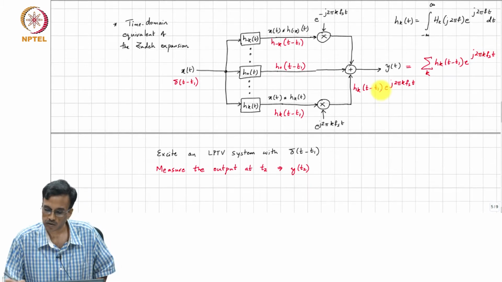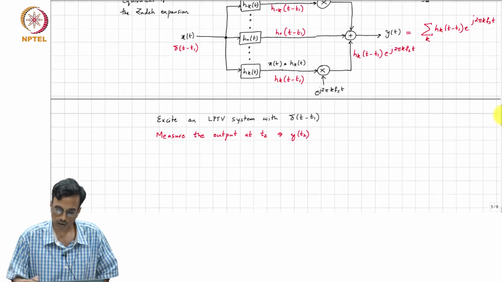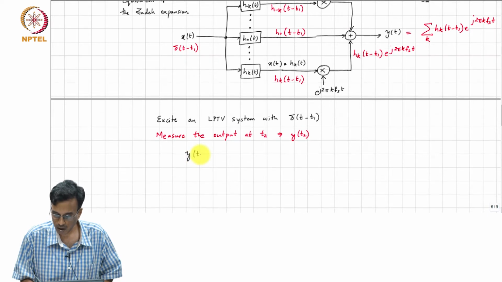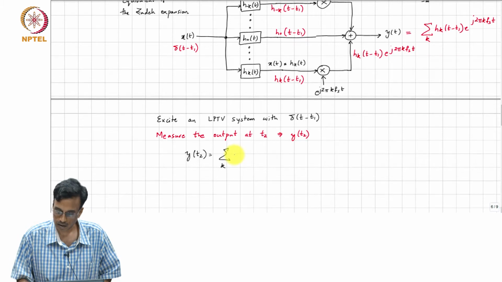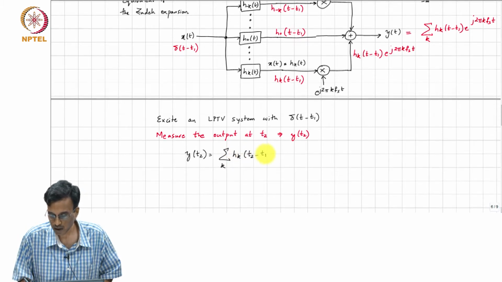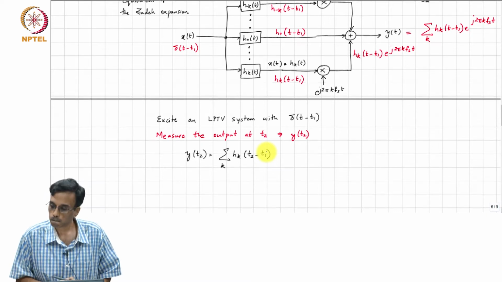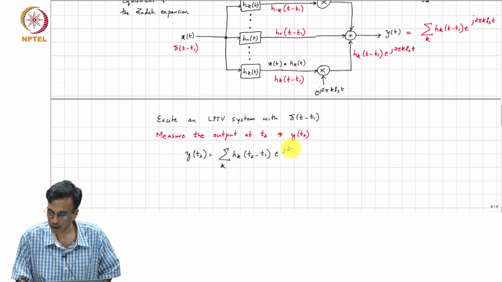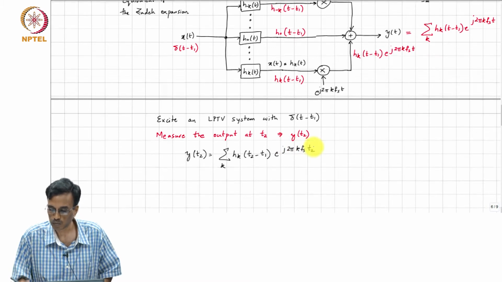So, y of t2 therefore is the sum over all k of h sub k of t2 minus t1, times e to the j 2 pi k f s times t2.